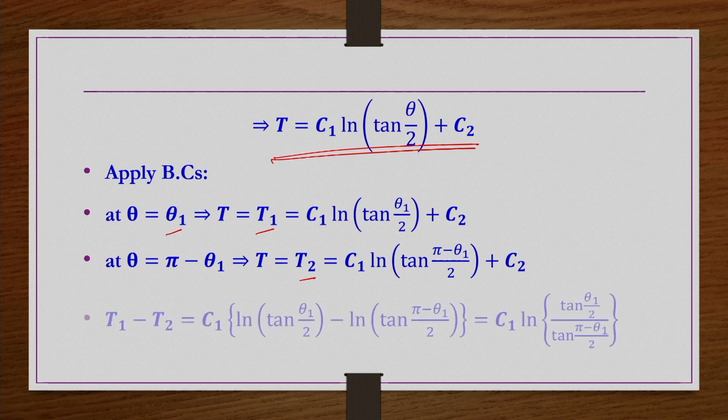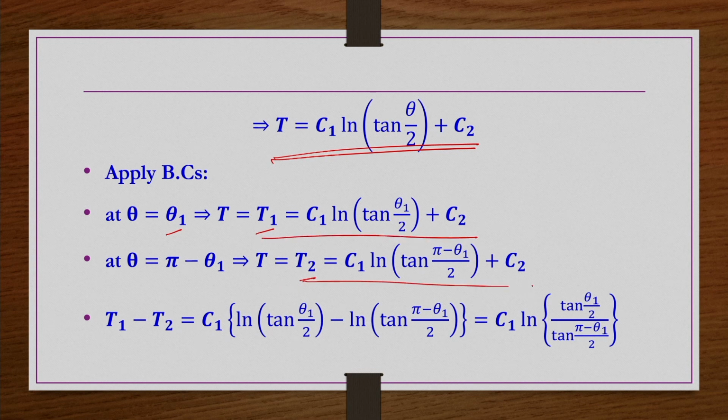So, T1 minus T2, that is this equation minus this equation, gives C1 times ln tan theta 1 by 2 minus ln tan of pi minus theta 1 by 2, that is C1 ln of tan theta 1 by 2 divided by tan of pi minus theta 1 by 2. Now you can substitute this expression in either of these equations and find C2.